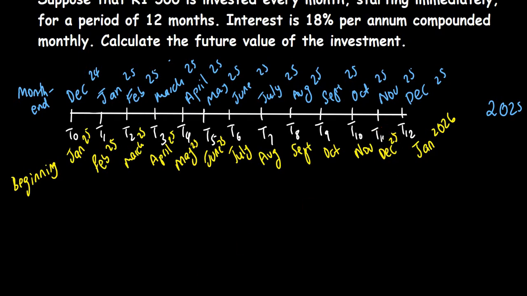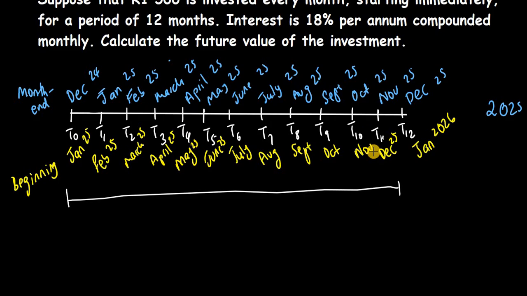It's okay if you decide to do it that way, to say he started from January all the way to December, and he was paying for the period of 12 months, you will be fine. But you know what is going to be the problem if you end here?